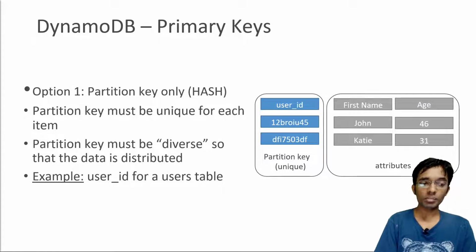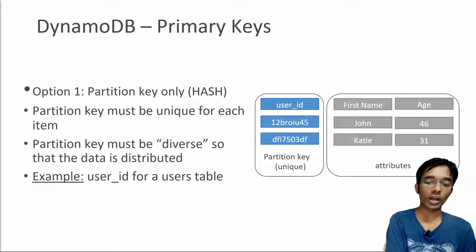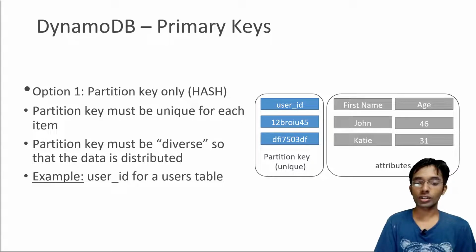Okay, now the primary keys. The primary key is important. Option one is just a partition key. It's called the hash, and in this case, the partition key must be unique for each item. The whole idea behind the primary key is uniqueness, and the partition key must be diverse enough so that the data is distributed. For example, if you have a users table, user_id is a great partition key.